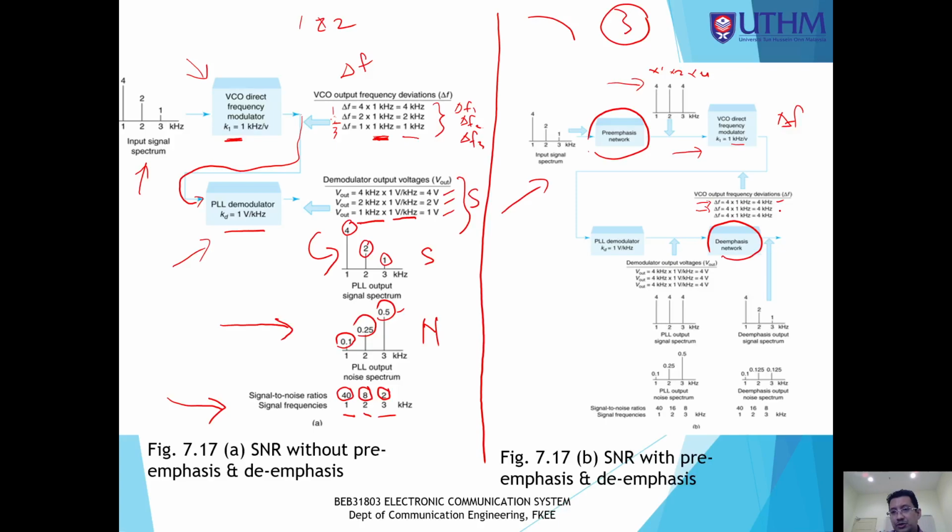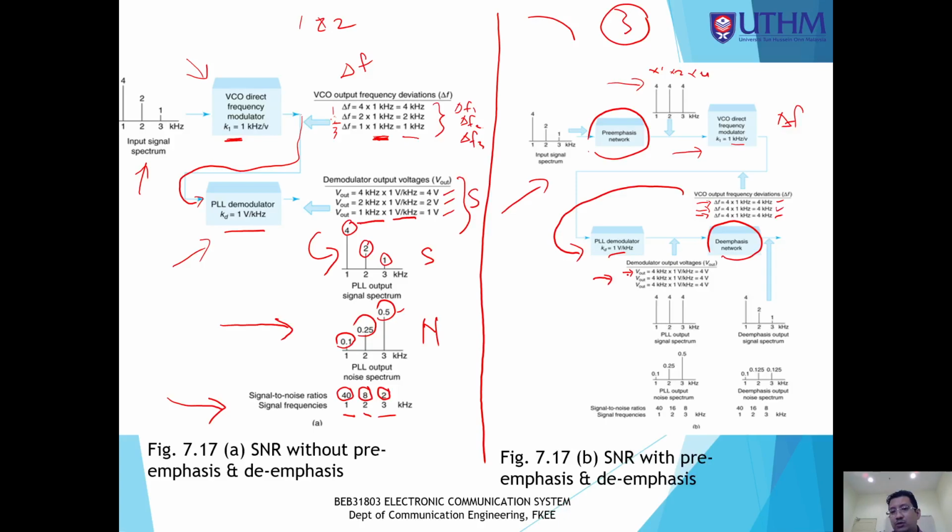Delta F2 is also 4 kilohertz. Delta F3 is also 4 kilohertz. Then we put this inside the PLL, with the transfer function 1 volt per kilohertz, so we can produce the output voltage.